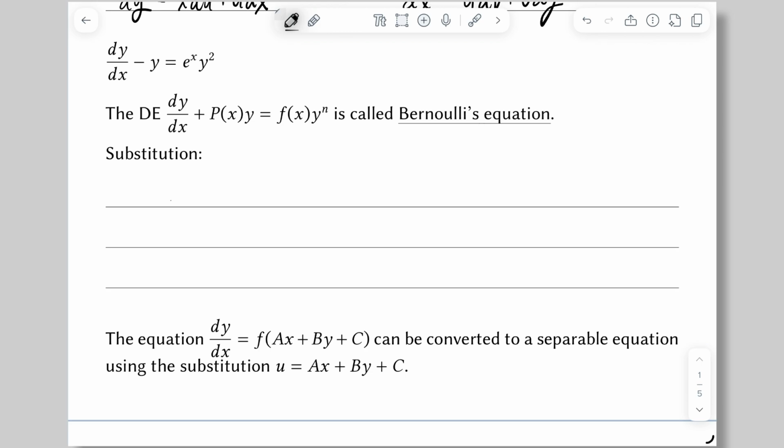In this case, the substitution is u is equal to y to the 1 minus n, where n is the power that we see on y that's making the equation not linear.